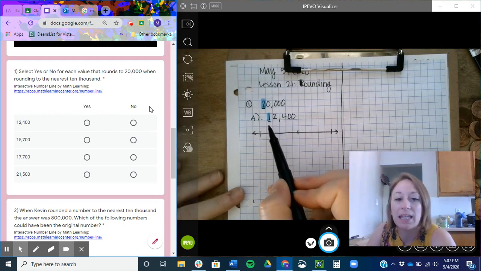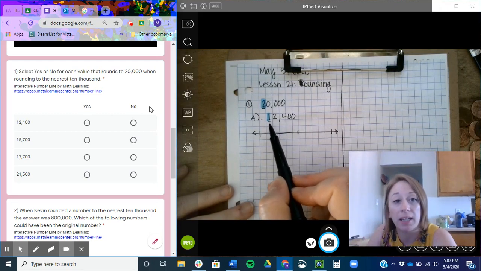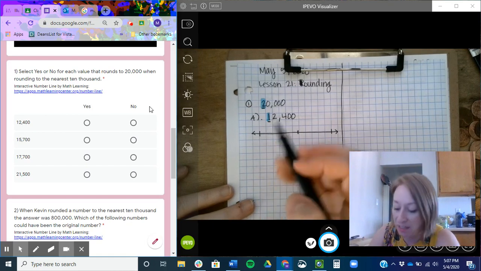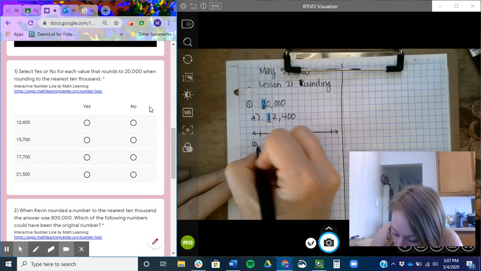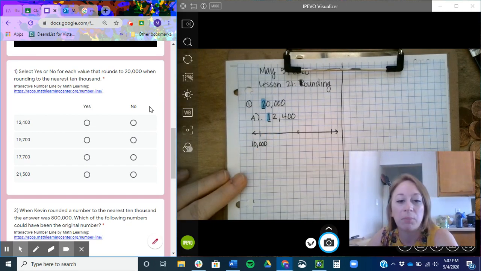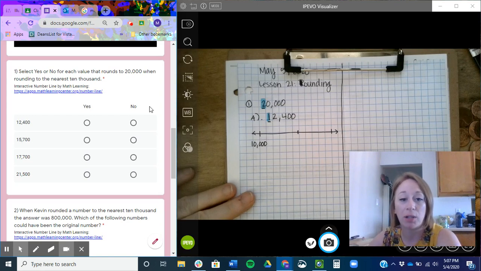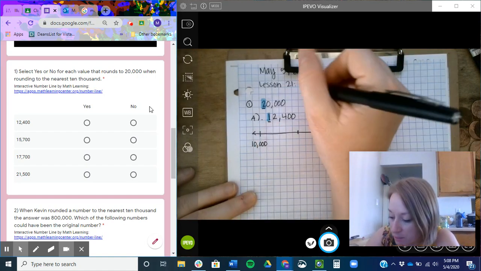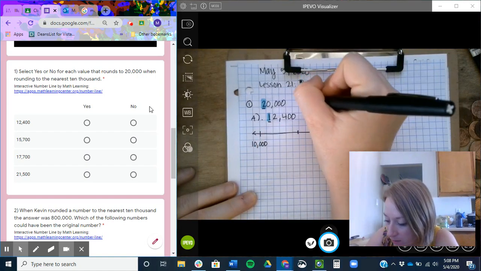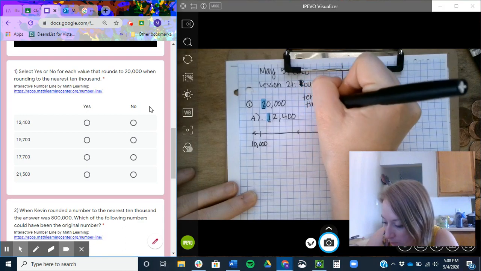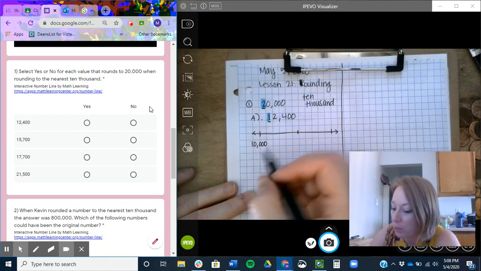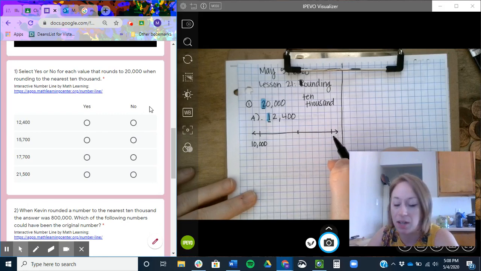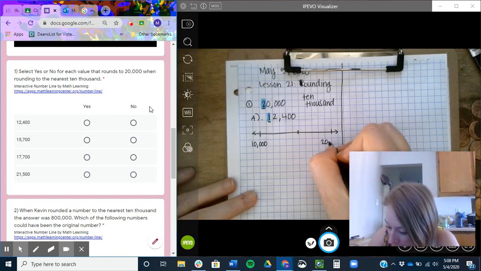The value in the beginning is the value that's already in that place, which is 10,000. So we're labeling the beginning of our number line as 10,000. Since we're rounding to the 10,000s place, the next 10,000 after 10,000 is 20,000.